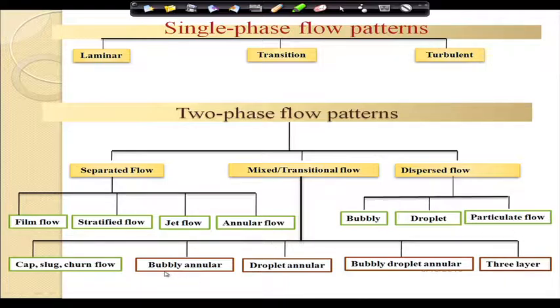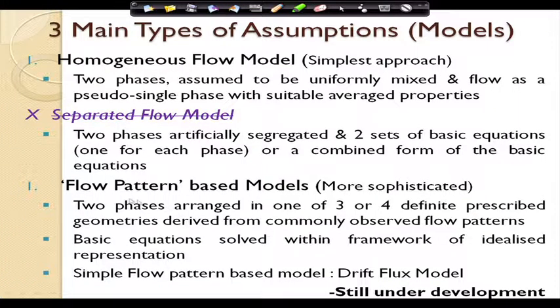So, based on these assumptions, we can assume that the two phases are distributed in some commonly observed flow patterns. Then based on the flow pattern geometry that we have observed, we write down some basic equations and solve them within the framework of idealized representation.